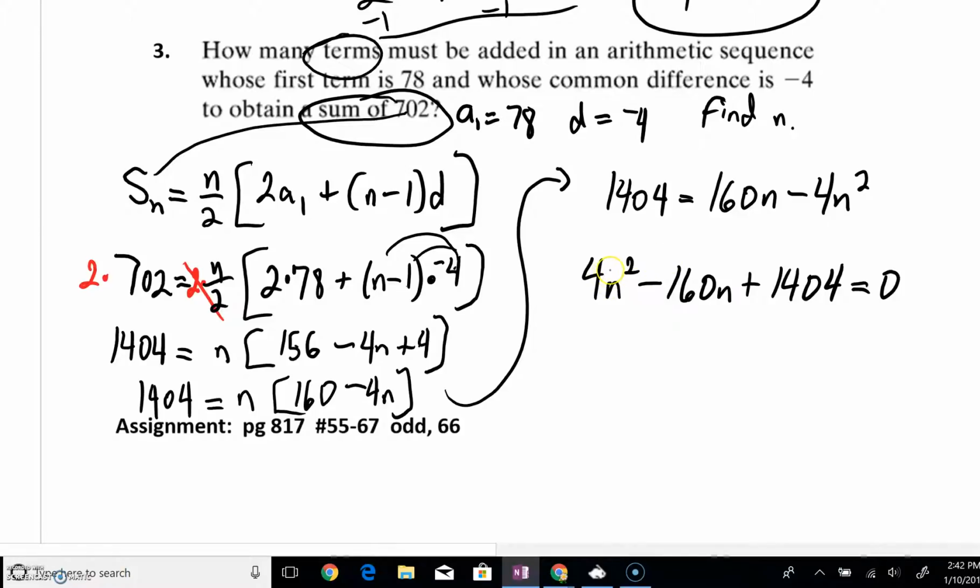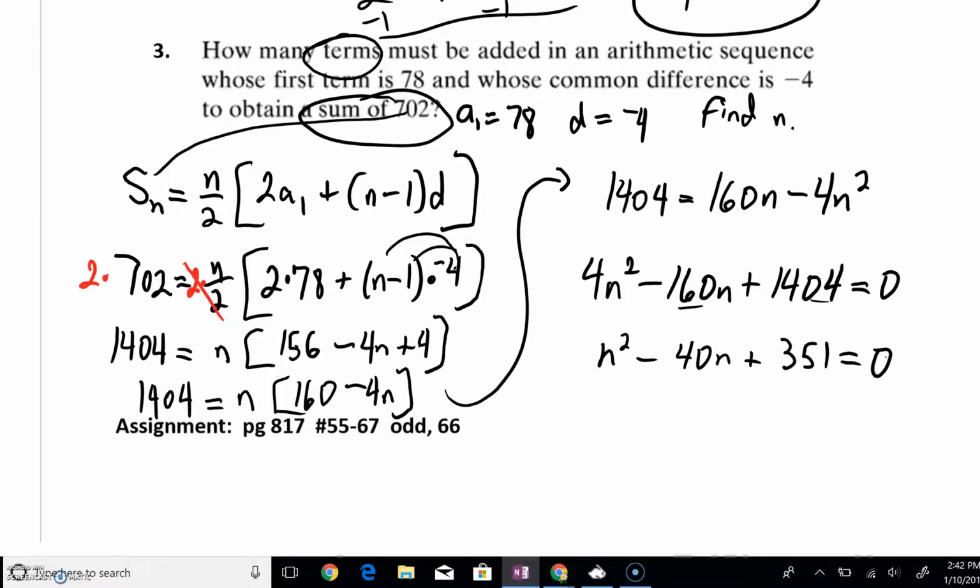But I am noticing that I could divide out a 4 from all of these. Remember that if your last 2 digits of a number are divisible by 4, that means that the number itself is divisible by 4. So if I divide everything by 4, I'll have n squared. 160 divided by 4 is 140. And then over here, I believe you'd get 351 as you would divide that out by 4.